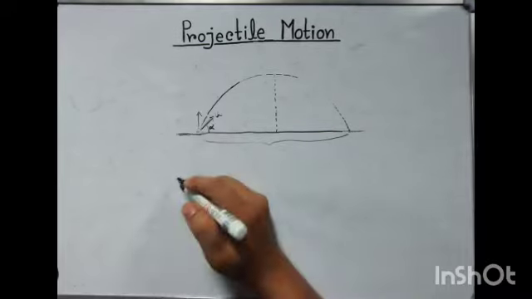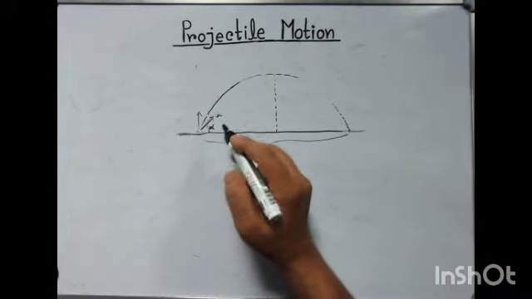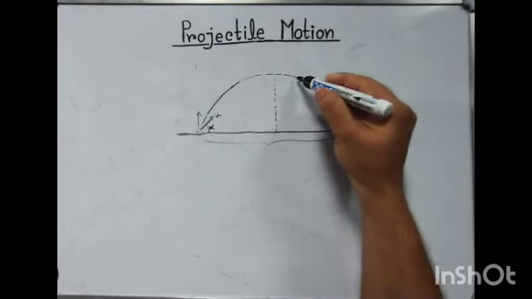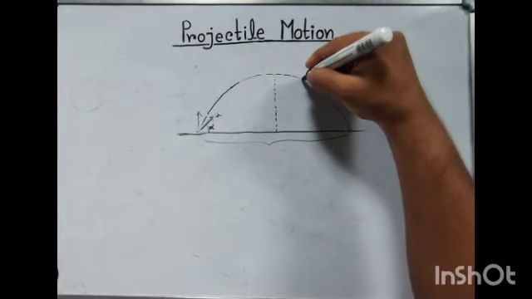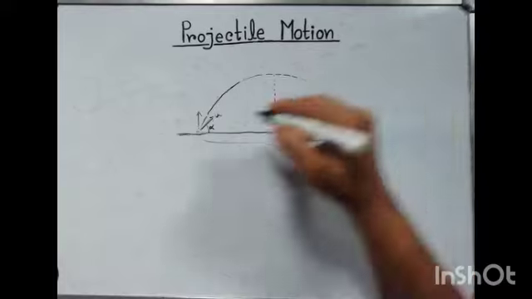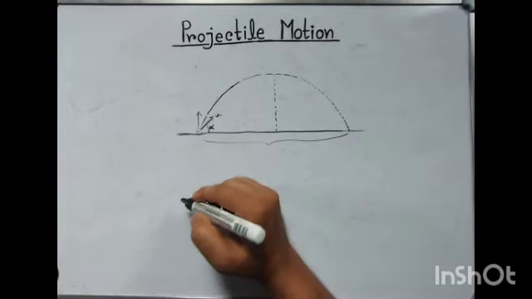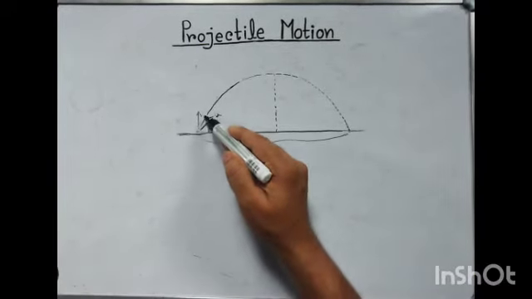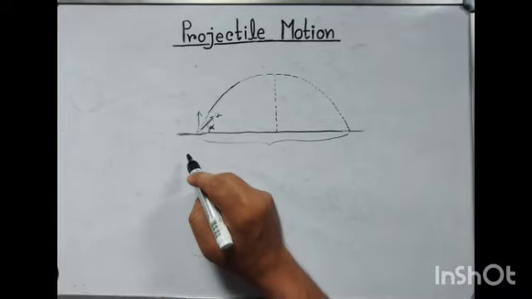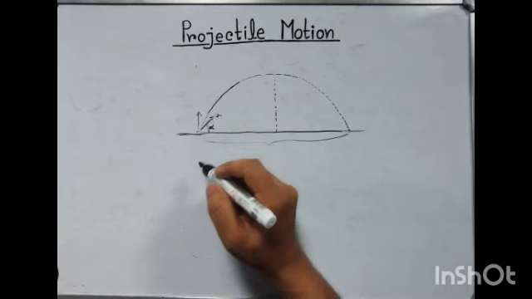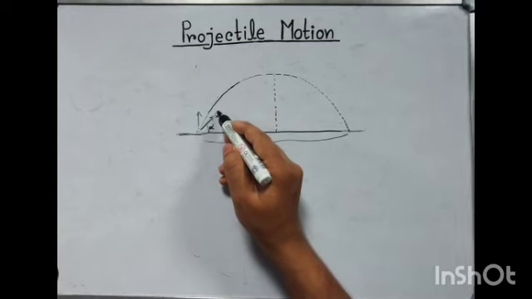We have seen that when we play catch in the field, someone throws the ball and another one catches the ball. So this motion is called projectile motion. Now we'll study this motion in detail.